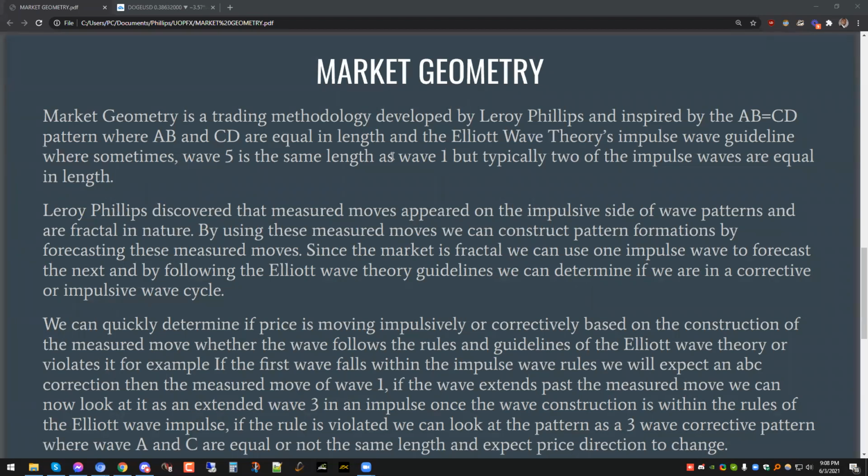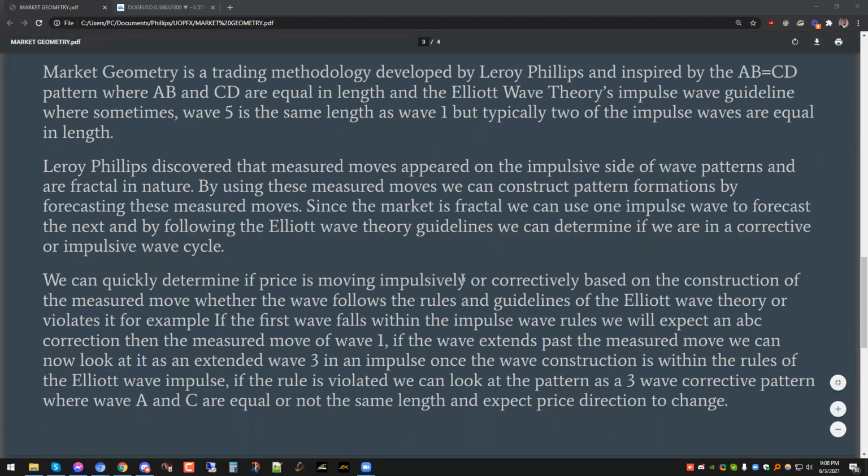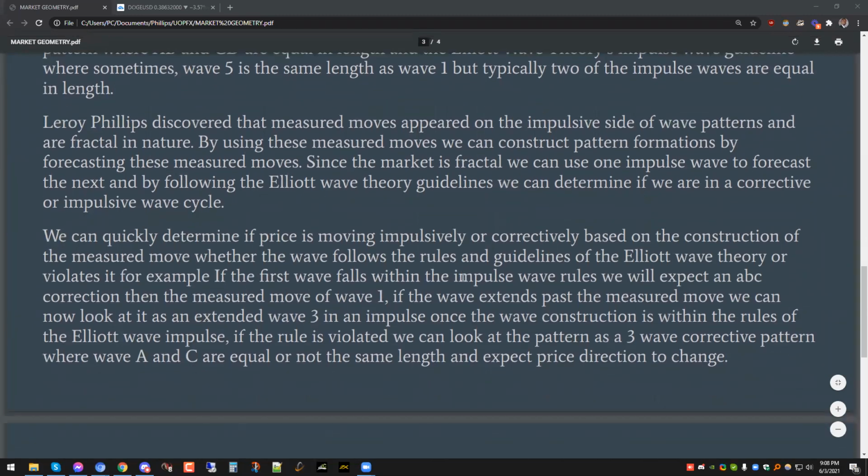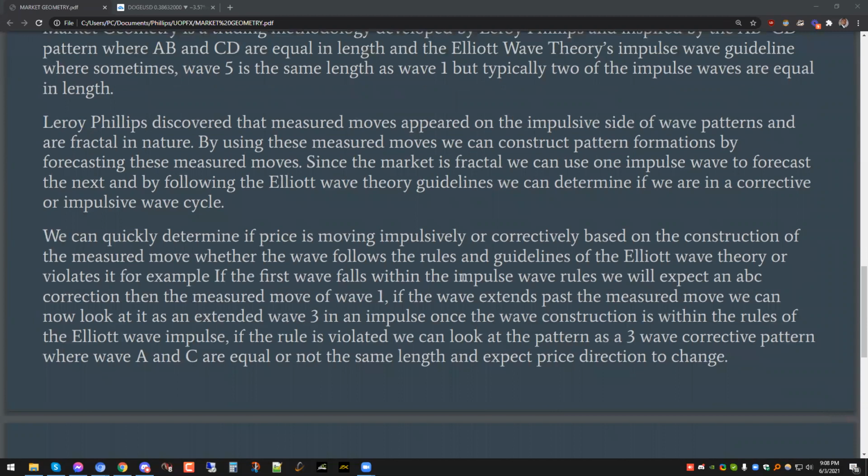Now, we can quickly determine if price is moving impulsively or correctively based on the construction of the measured move. So if the measured move is following the Elliott wave rules and guidelines, then it means that we're having an impulse, which is a 5-wave impulse. We could also be having a corrective impulsive wave. That's where it can be 3 waves, or it can also be 5 waves, but there could be violations within the wave count.